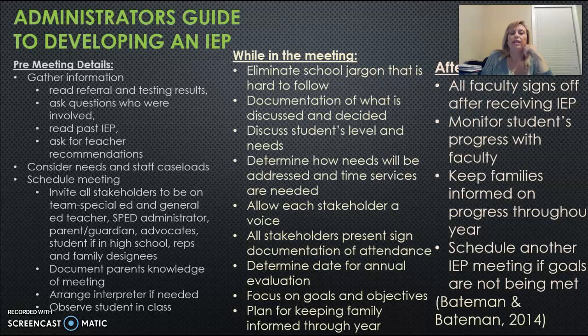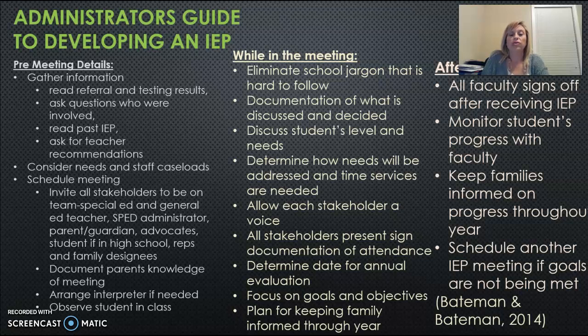In pre-meeting, or prior to the first meeting, administrators should gather information, and they should read referrals and testing results, ask questions of those who were involved, read past IEPs if there are any, ask for teacher recommendations. Then consider needs and staff caseloads so that you don't overload staff.